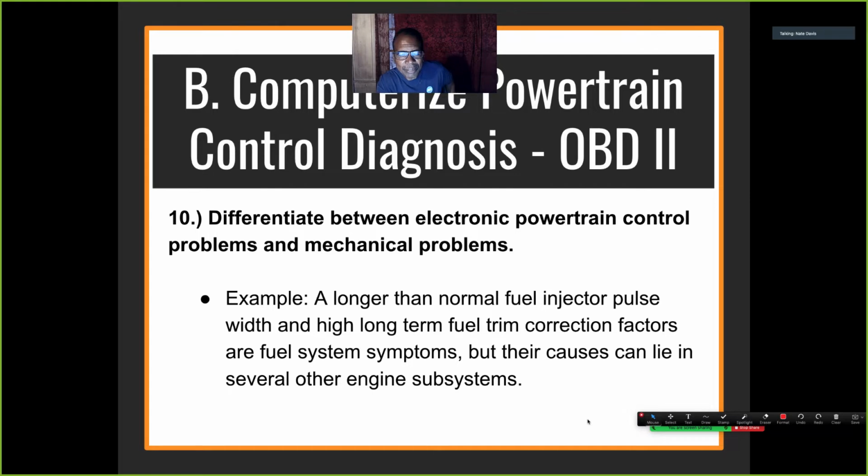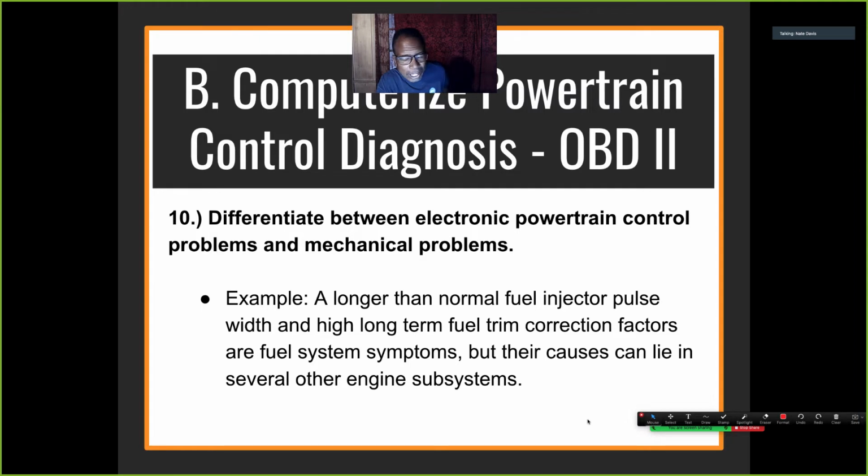what do you think? If I have a longer than normal injector pulse width and a higher fuel trim, what do you think could cause that? Oh, it can be the MAP. The MAP can be off. It could be telling a different reading.